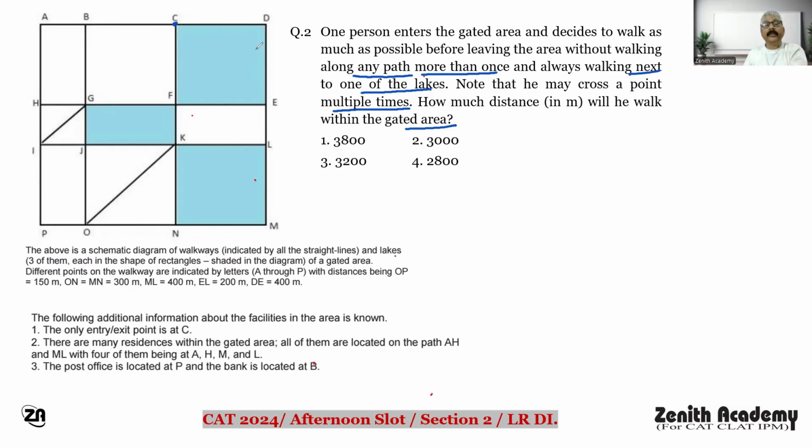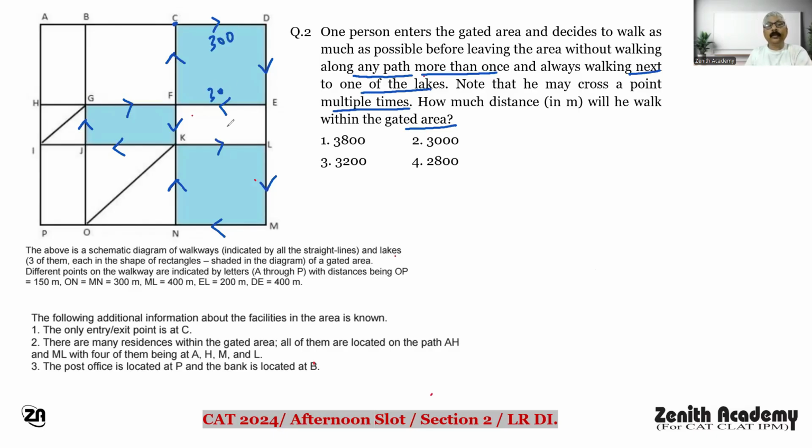Since he has to return to point C, and he cannot walk along any path more than once, from C the route is C to D, D to E, E to F, F to K, K to L, L to M, M to A, N to K, K to J, J to G, G to F, and F to C. This way, every time he is walking along one of the lakes, and he is not repeating any path more than once. So now add it, it is 300.